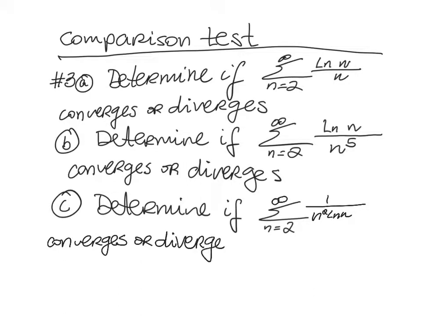So in all three of these examples, you're going to use comparison tests. So let's recall what a comparison test is before we go ahead and solve the three examples.